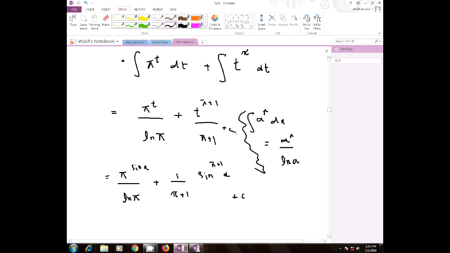So hopefully this is your answer. Let me check it. The answer given in the textbook is pi raised to the power sin x divided by ln pi plus sin x whole raised to the power pi plus 1 divided by pi plus 1. So it is the correct answer.